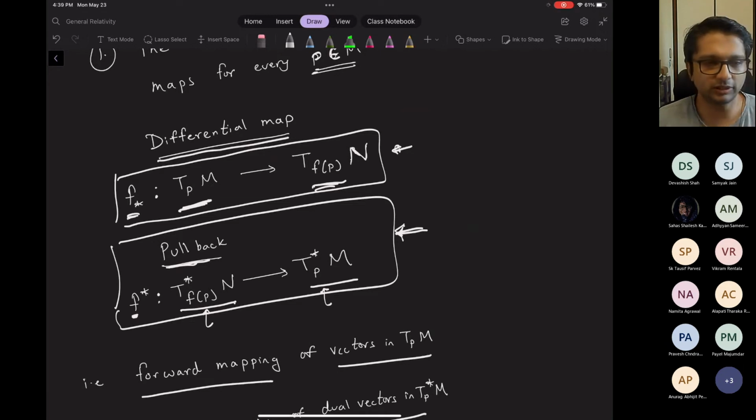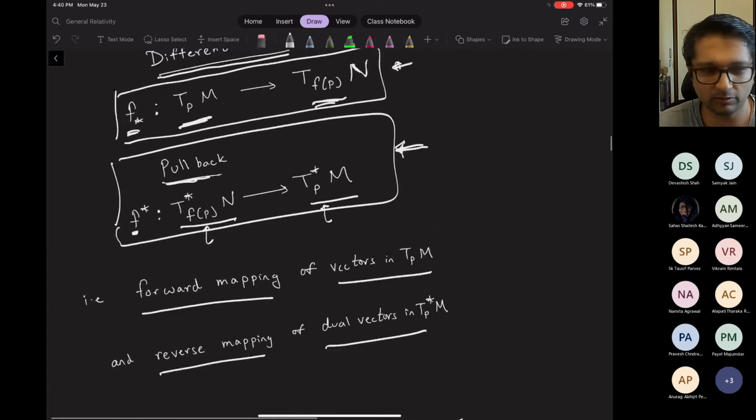We'll see why this is, and under what conditions the reverse maps are also defined. Any questions about this?